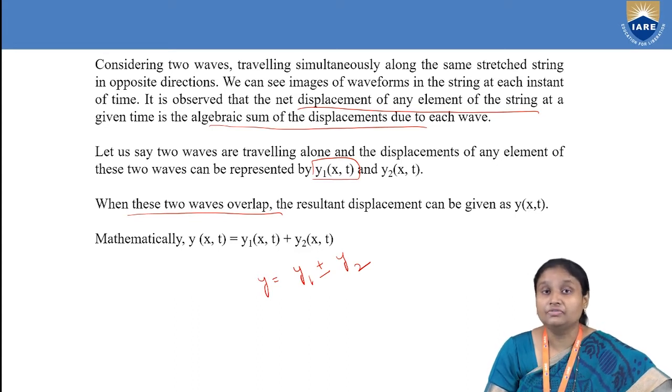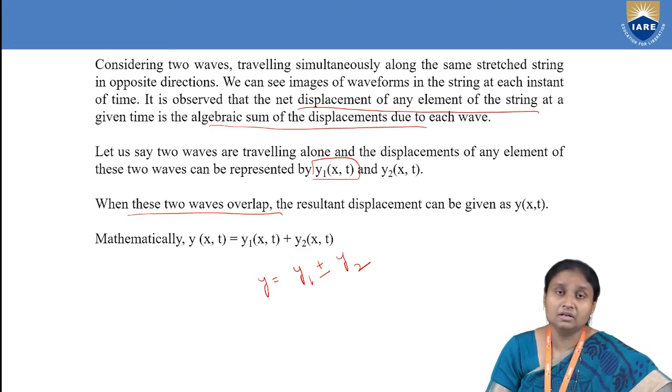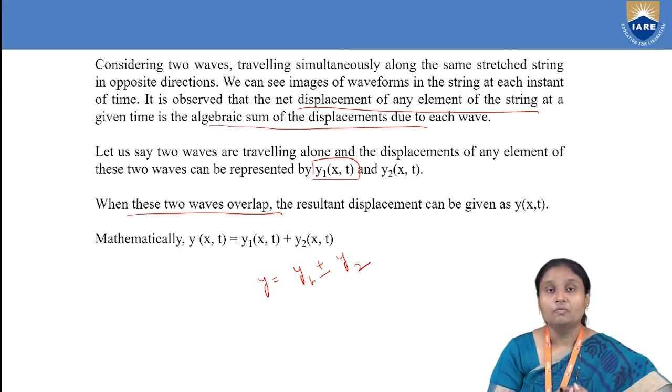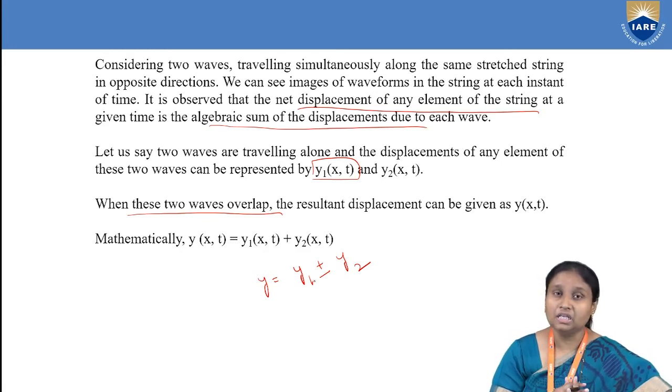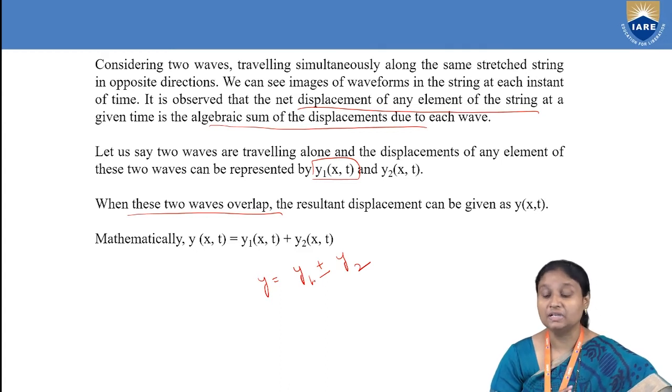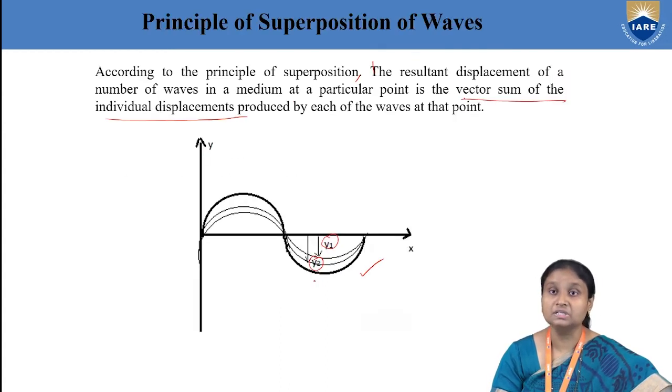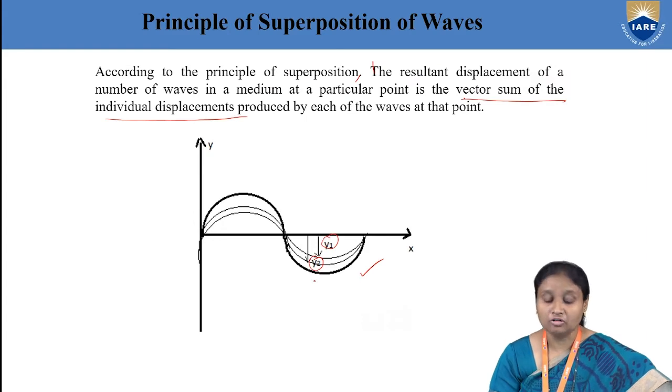Whereas we take the difference when these two waves are either going in opposite directions, or when we consider their positions and they are out of phase with each other. So when there are many waves overlapping with each other in a region, the resultant displacement is nothing but the algebraic sum of the displacements of the individual waves.